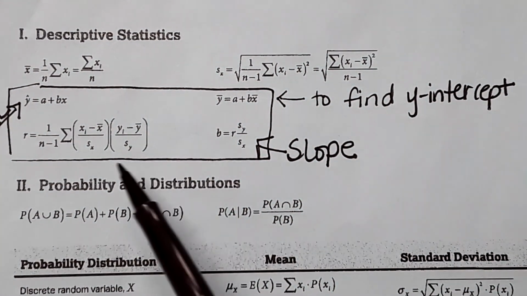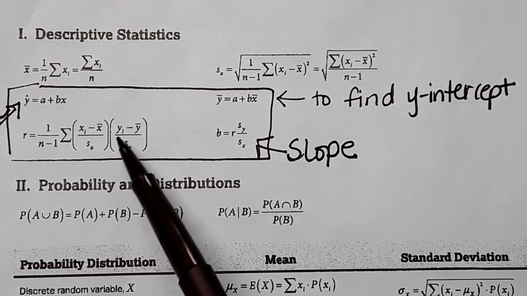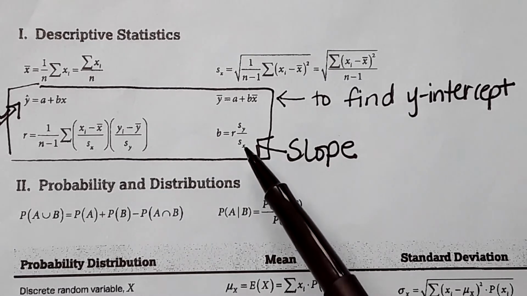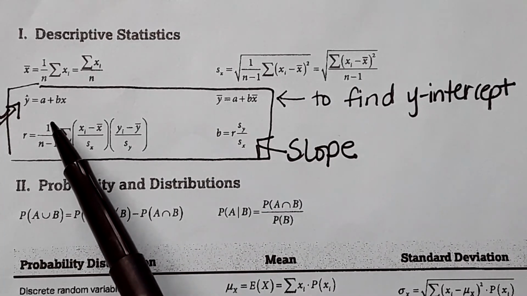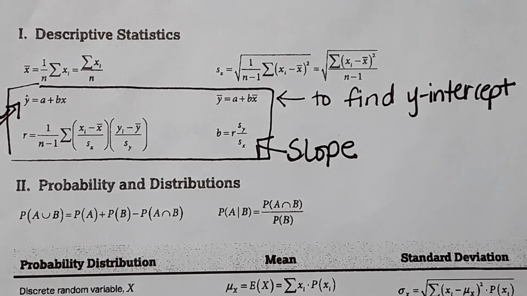It's just nice for the R, so you remember that each observation is being standardized. So you will have to find slope, find the y-intercept, and write the least squares regression line. Those are all things that you will have to do.